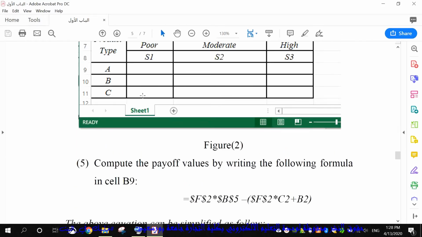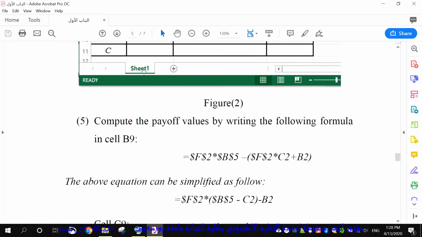So the formula written in B9 will equal: equal sign, followed by the sales or revenue of the product A in case of poor, minus the total cost.